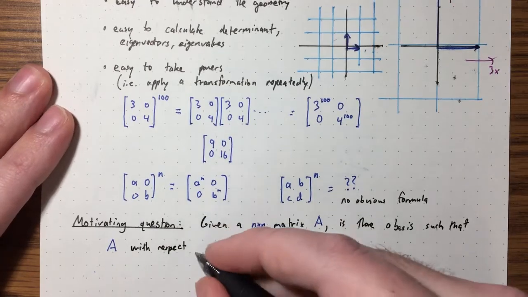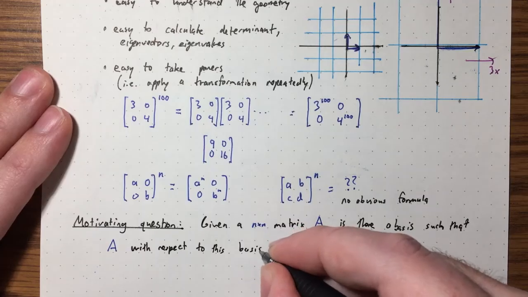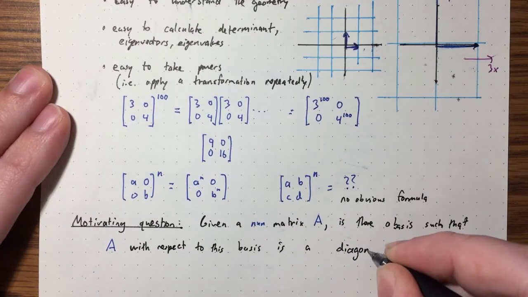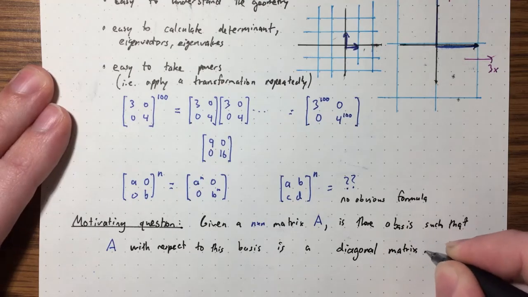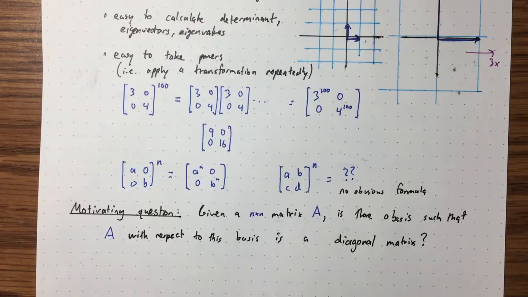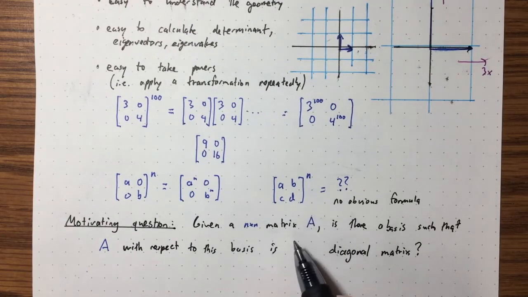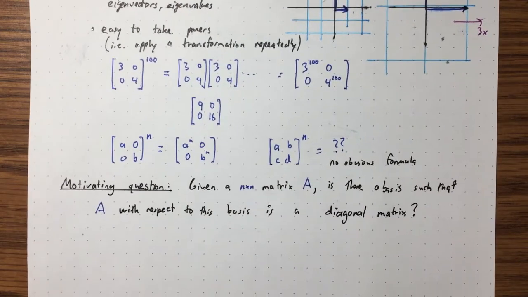So is there a basis such that A with respect to this basis is a diagonal matrix? Can we find a basis that will allow us to express this linear transformation A as just a diagonal matrix?